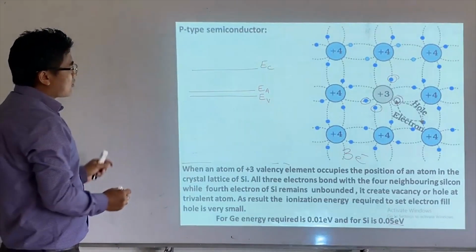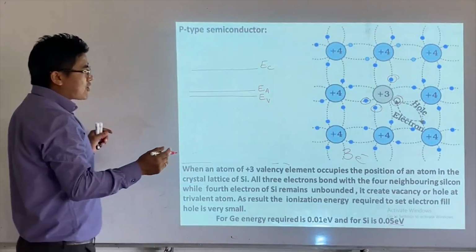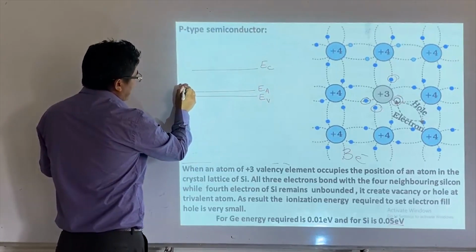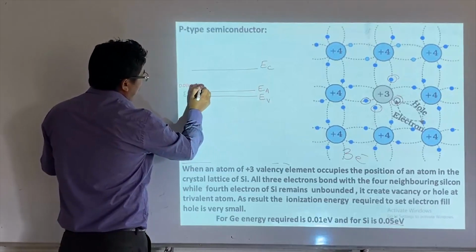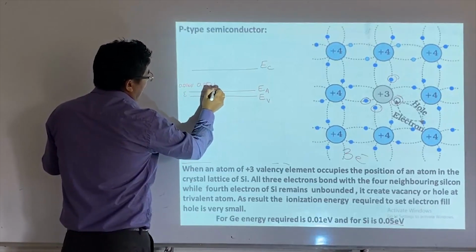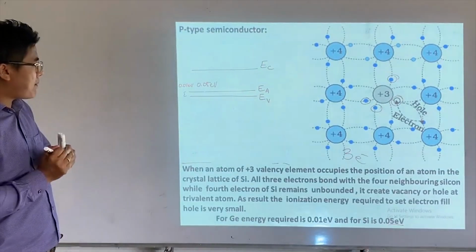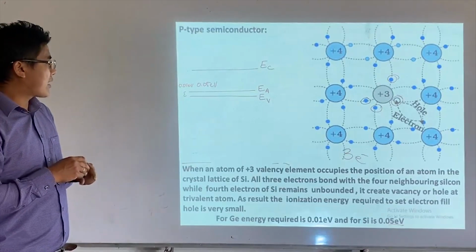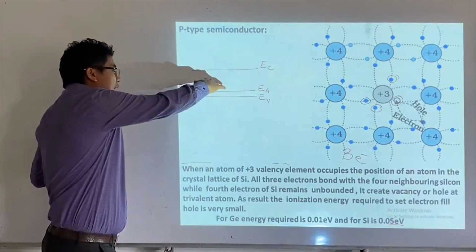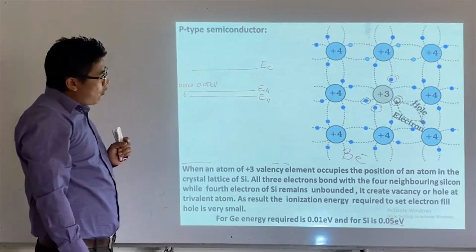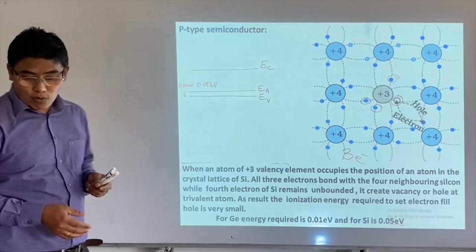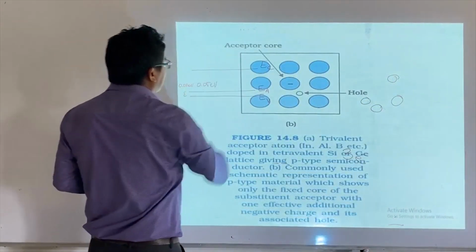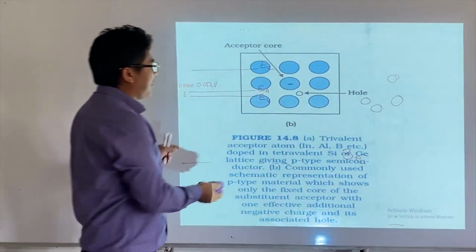The holes are available in the acceptor energy level, and this energy gap is 0.01 for germanium and 0.05 for silicon. Therefore at room temperature this kind of energy is available, so an electron can jump and occupy a hole, leaving behind a hole. This creates acceptor ions.